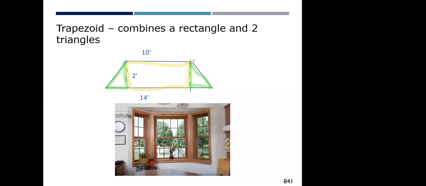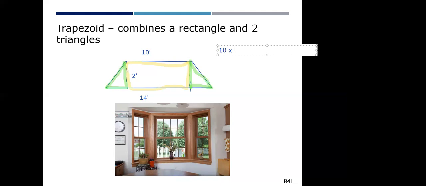You'll use graph paper. You'll have tools to help. And again, we'll talk more about measuring and how that looks when we get to Unit 8. So let's start with our rectangle. The length of the rectangle is 10 feet. The depth, or the width, is 2.